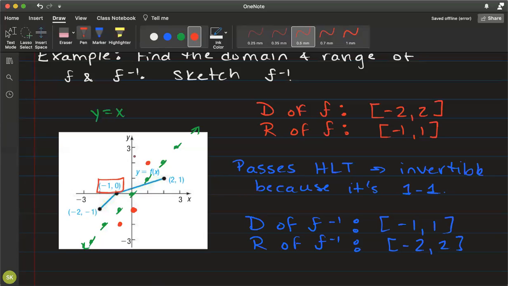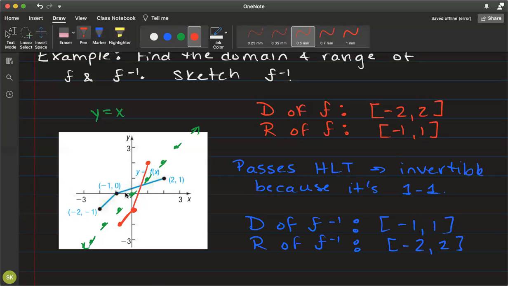So we'll graph that. Let me erase this here. And notice that these aren't just the only points. We have the points in between here. So all of these points, if we reverse the x and the y coordinates, they'll get mapped here. And all of these points here will be mapped like that.